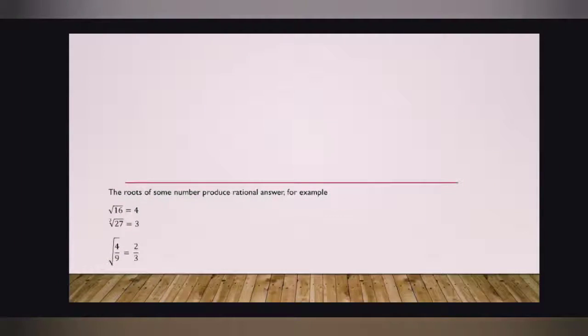We start with surds. The roots of some numbers produce a rational answer. For example, the square root of 16 equals 4, the cube root of 27 equals 3, and the square root of 4/9 equals 2/3.